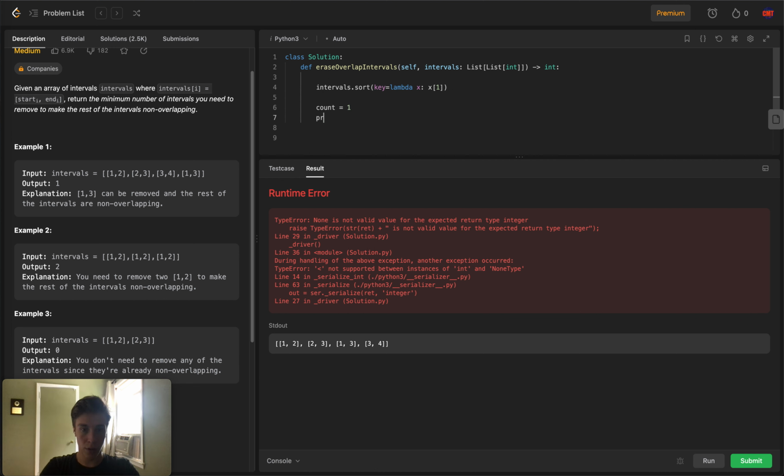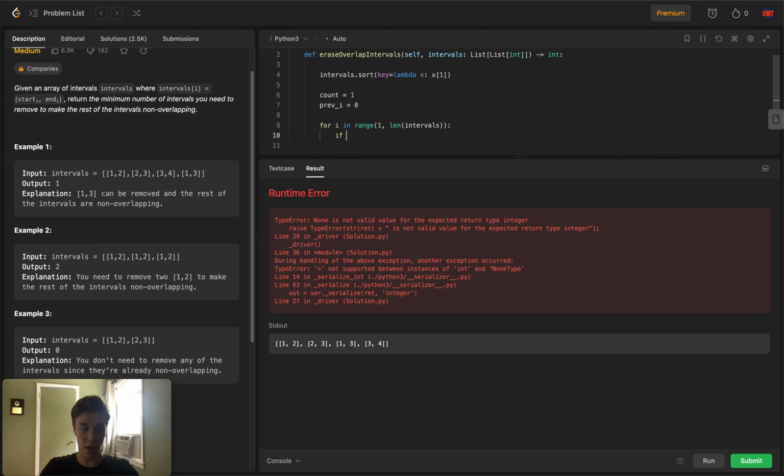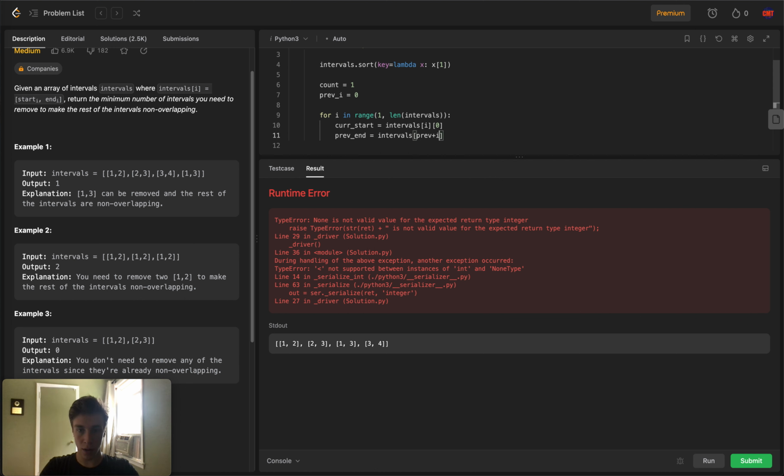Let's have the count be set to 1 and previous interval set to 0, and then for i in range from 1 to len of intervals, let's have cur start be intervals i 0 and prev end be intervals prev i 1.